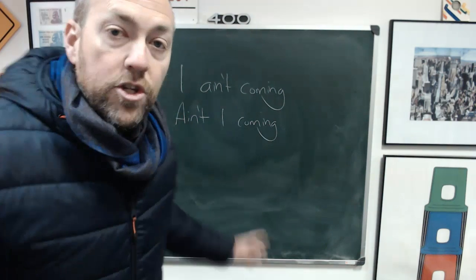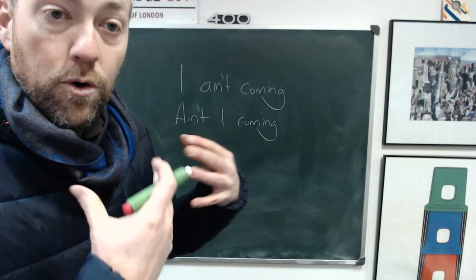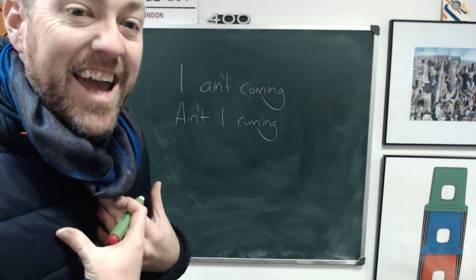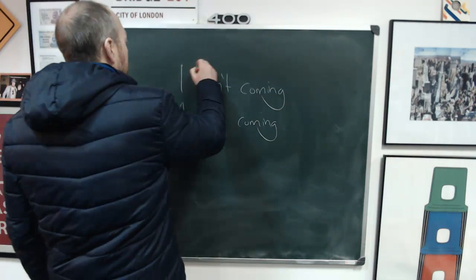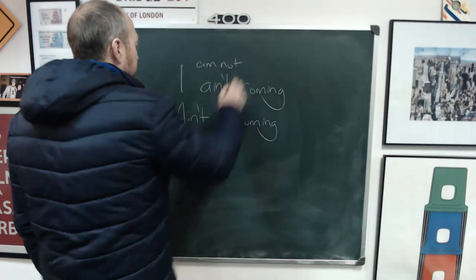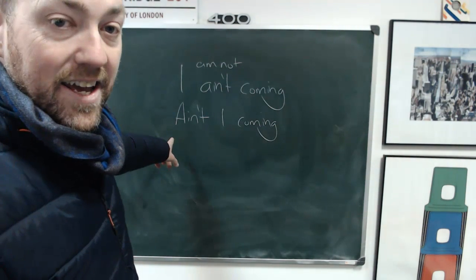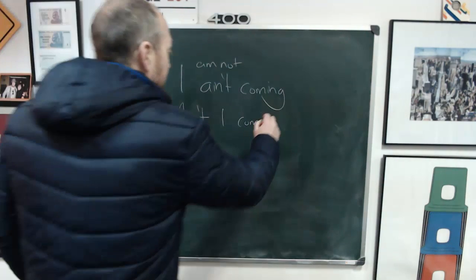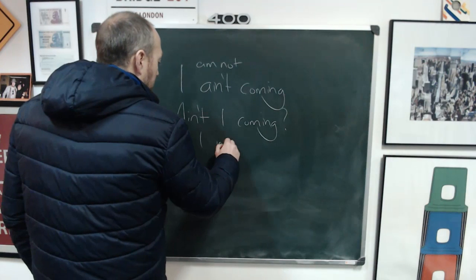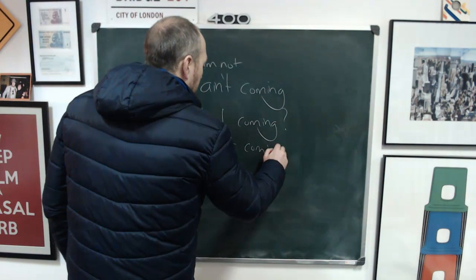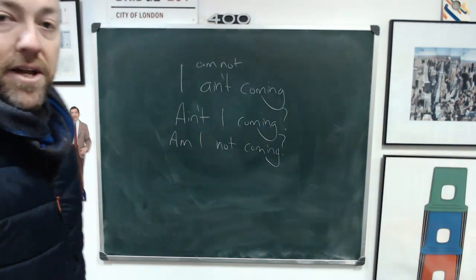Okay, so you can see that we can use it for the verb: I ain't coming, which is I am not. And you can also use it here to make a question: Am I not coming?